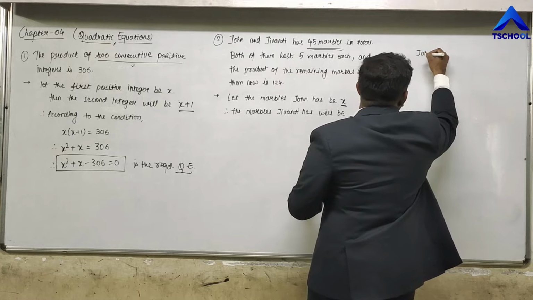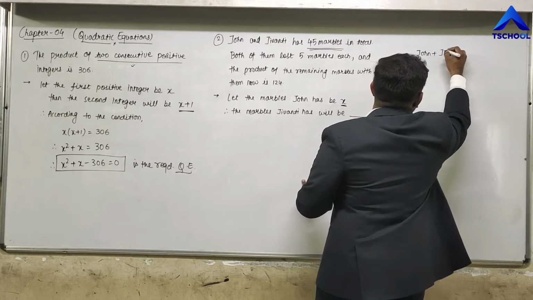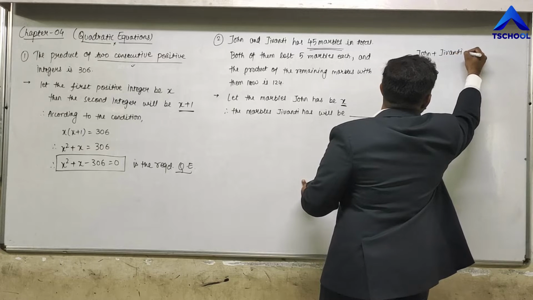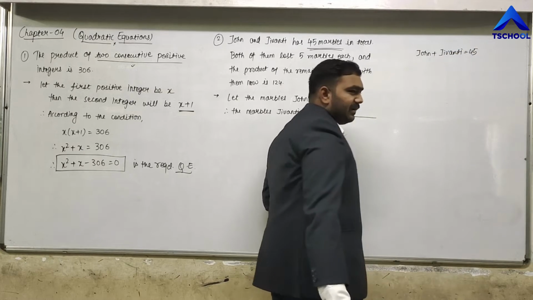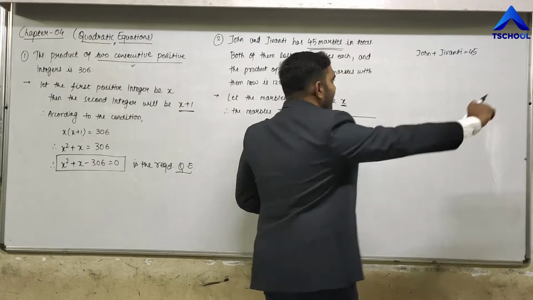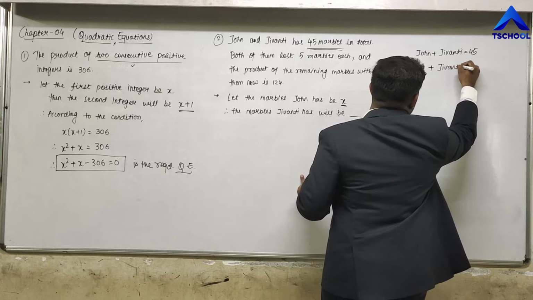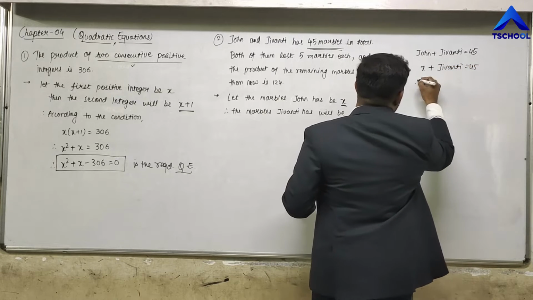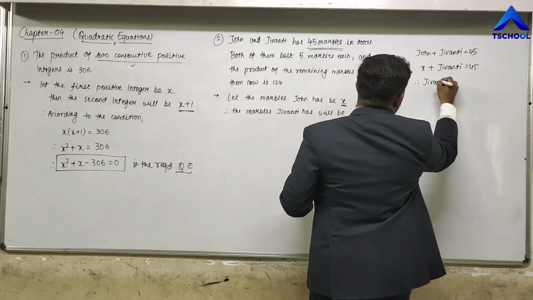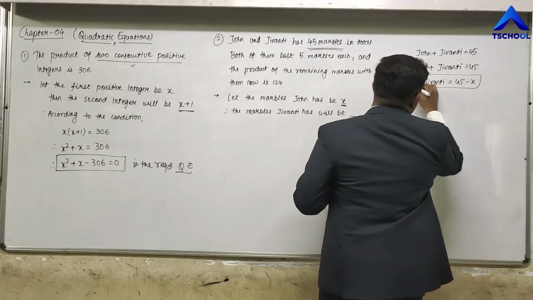So let us say John plus Jivanti in total have 45. We assume that the marbles John has is x. So x plus Jivanti is 45, so the marbles with Jivanti will be 45 minus x.